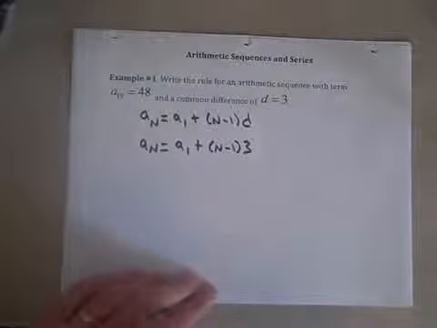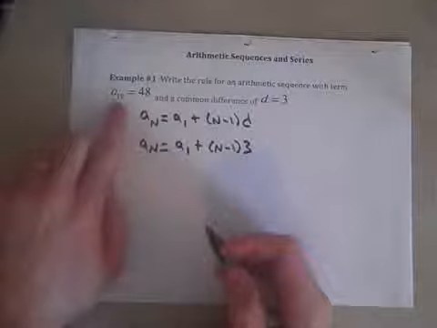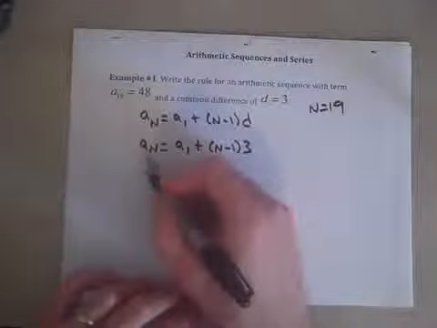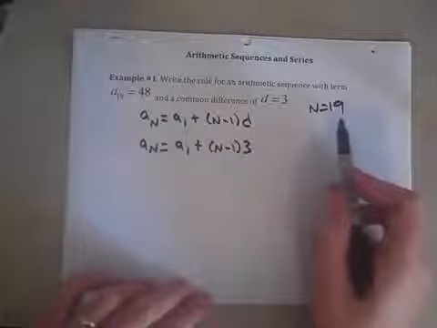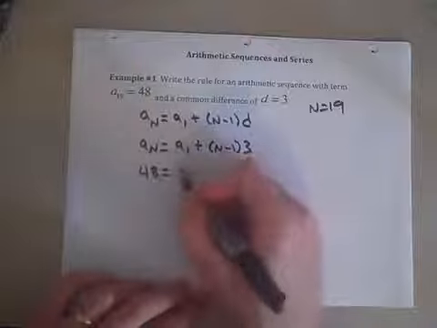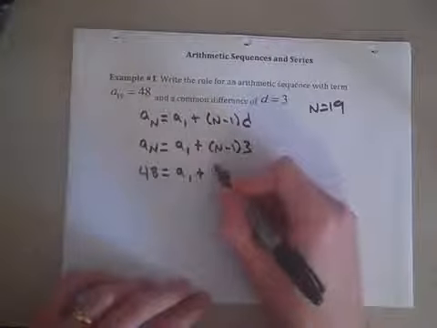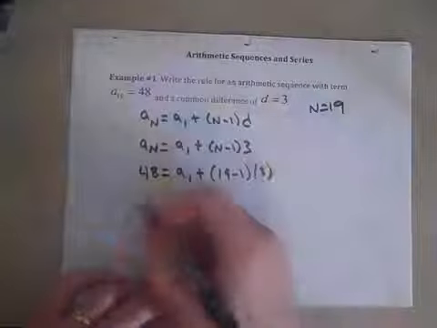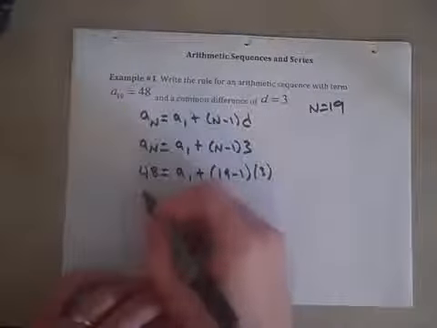So in this case, we're talking about the 19th term, so n is 19. And when you plug in 19, you get 48. So here's what we got. We'll do a little simplifying real quick.